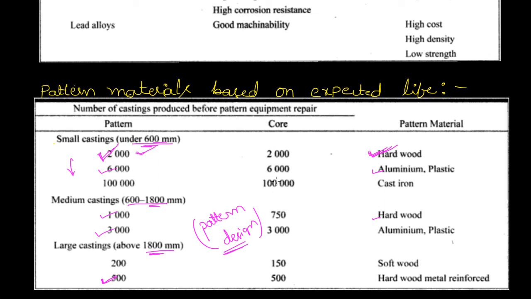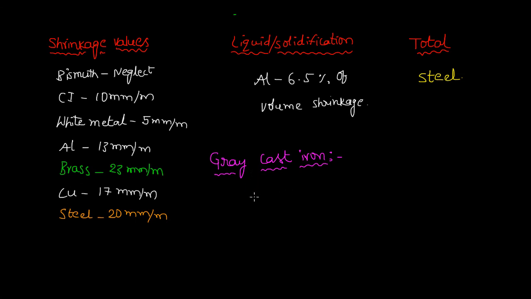Well, this is all about the pattern design and allowances. Sorry, I forgot one thing to say. In the shrinkage allowance, the special material is grey cast iron. It shows a different behavior: in the stages of liquid and solidification shrinkages, the volume will increase.